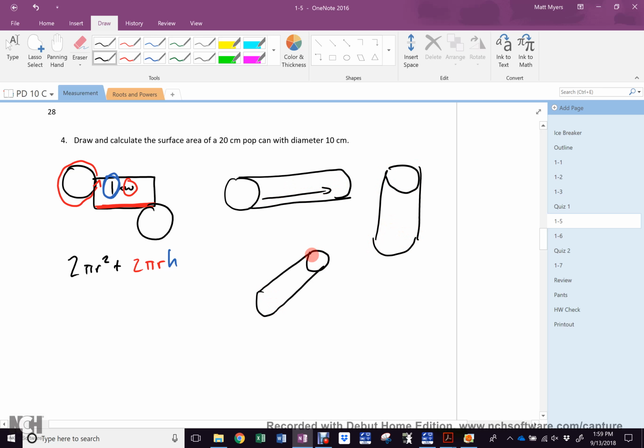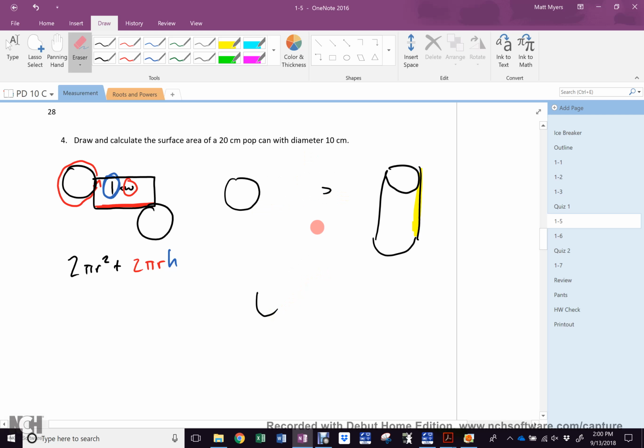Why? Because the height is always the same distance from base shape to base shape. Everybody cool? Get the word height out of your mind as anything but a letter we use to differentiate it from other sides. Everybody cool?